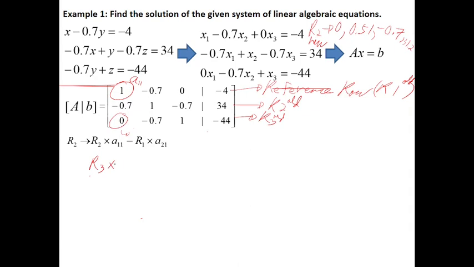Ngayon, anong i-multiply ko sa row 3 para maging 0 yan? So, i-multiply ko siya dun sa reference. A reference element na kung saan yung element na yon ay nasa major diagonal.